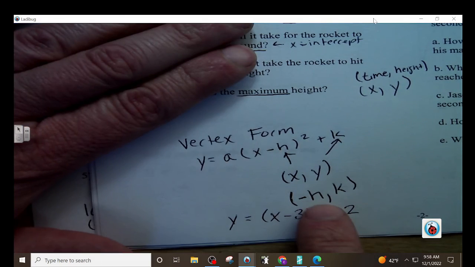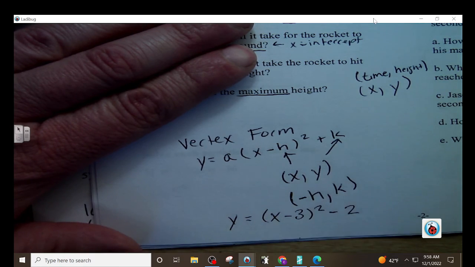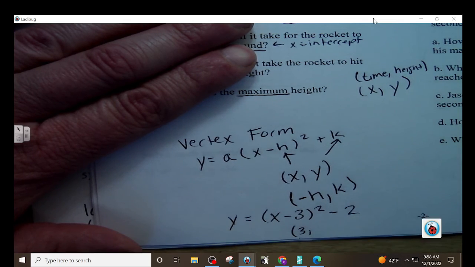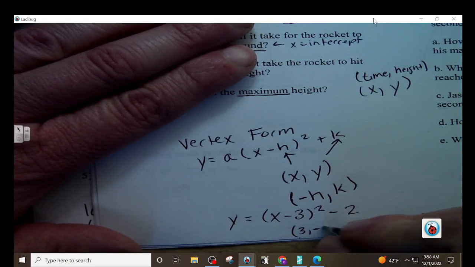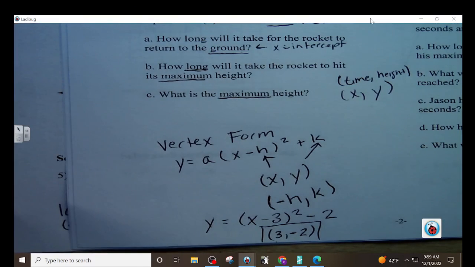Now, guys, remember, in the vertex, it's the opposite of the H and the K. So if it's the opposite of the H, what is your actual X value of the vertex? 3. +3, right? Because it's opposite of that. And then, of course, the Y value is what? 2. -2. So, guys, there's only one question on there like that. It's a really easy question if you just know how to read vertex form. Okay?